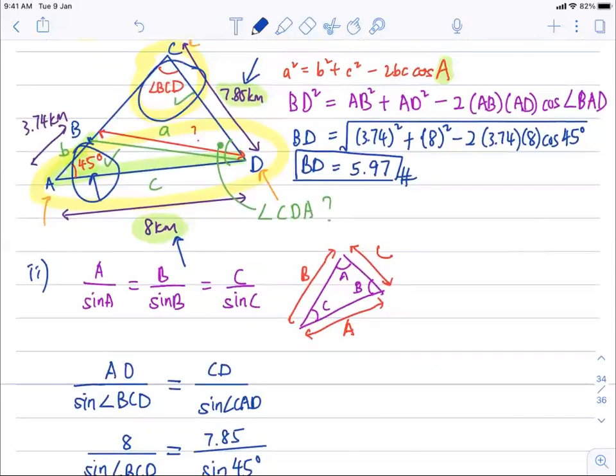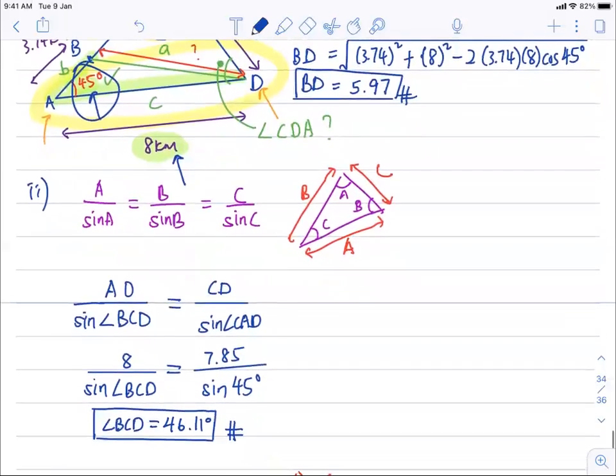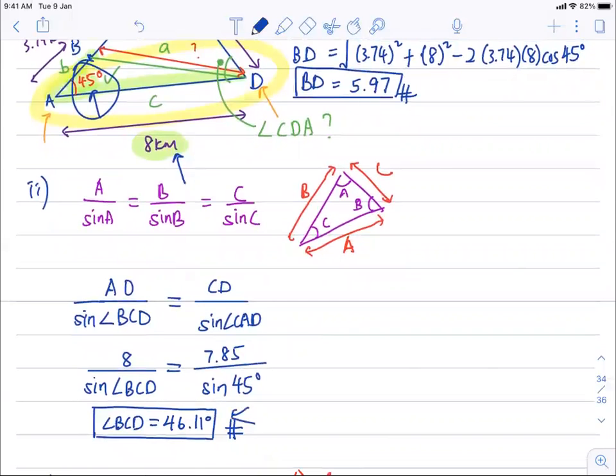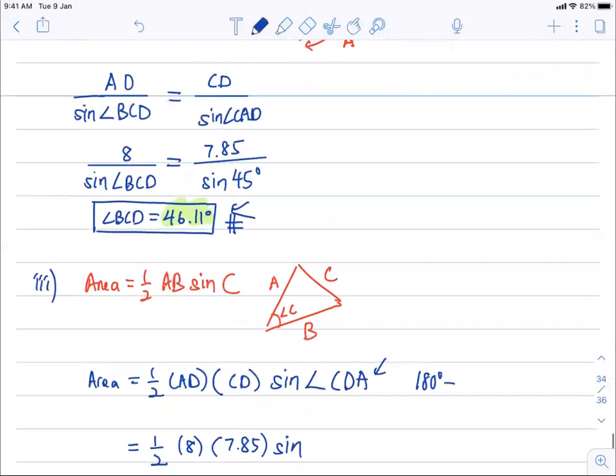Angle BCD is here, this one. So it's 180 degrees minus 45 minus 46.11 degrees. This one will be angle CDA. We'll type into the calculator, we get 88.89 degrees. This one is angle CDA.